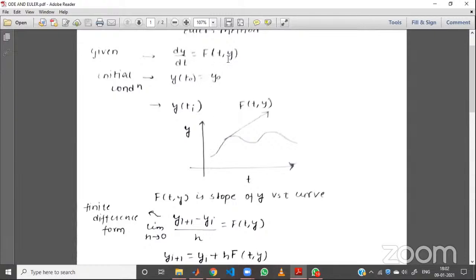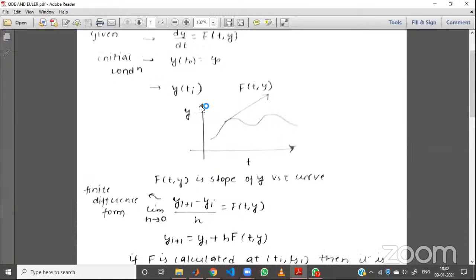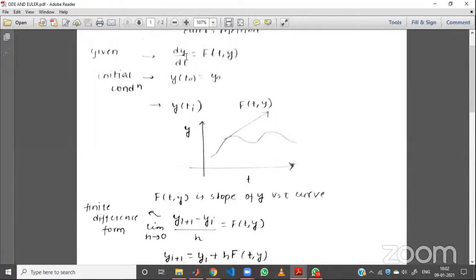Here f of t comma y is the slope of the function, and the result is the initial value y of t0 equals y0, the initial condition. We know this: dy by dt equals f of t comma y, and y of t0 equals y naught.